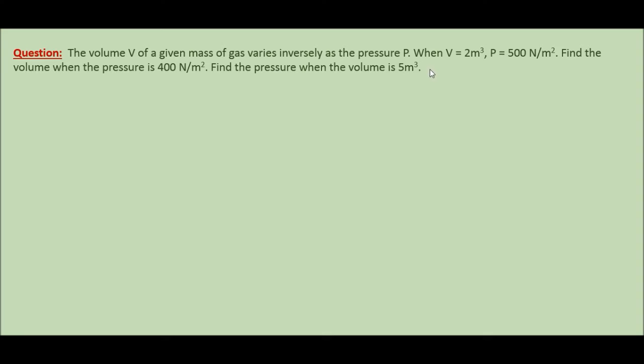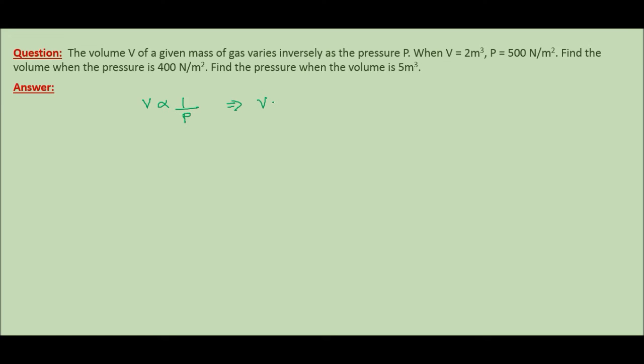So let's start answering. Over here they are saying that volume V is inversely proportional to P, or varies inversely as the pressure P. So we can write this as V proportional to 1 by P. This can be changed to an equation by adding the constant of proportionality.